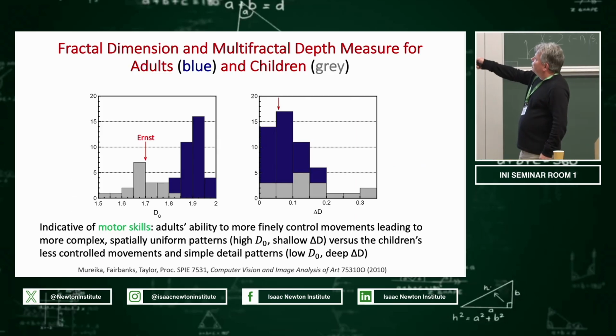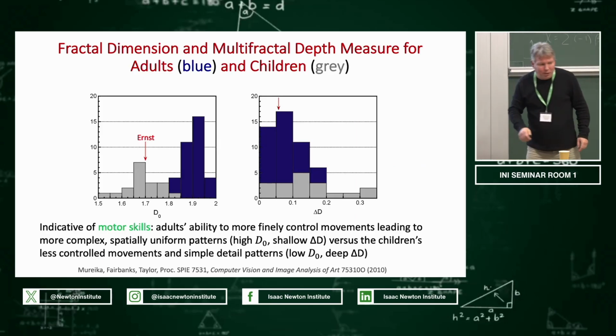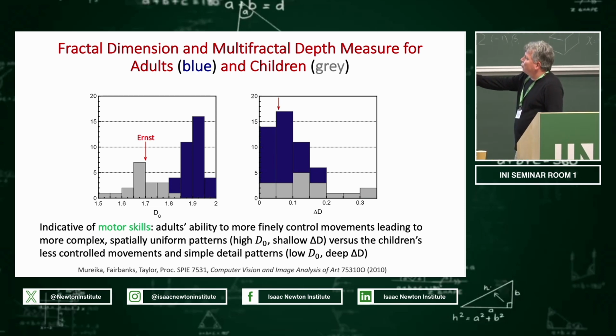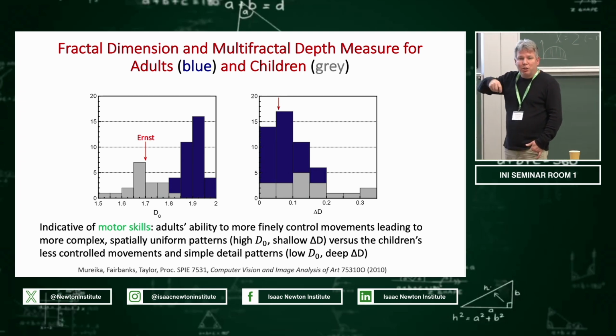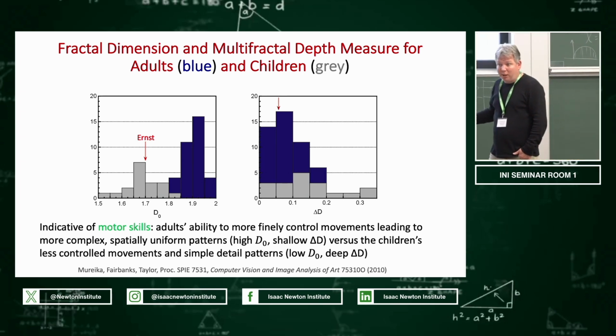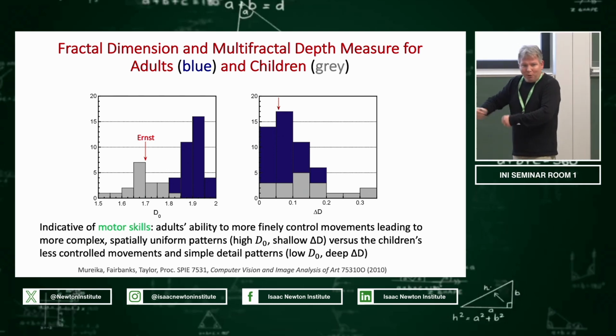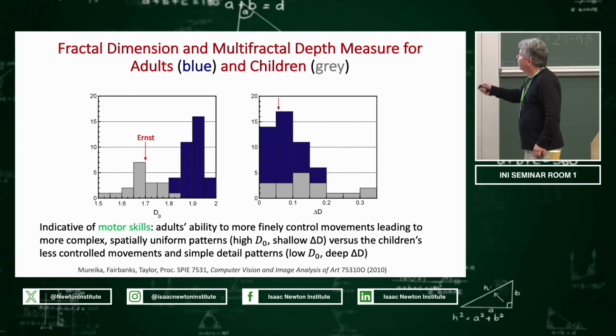And in fact, we did a chart here that shows the average fractal dimension for the gray, which is children, the blue, which is adults, and the multifractal depth for each of them, and compared them to the Ernst paintings. And in fact, the children have a fractal dimension that's closer to the Ernst painting than to Pollock, which shows that the children have a lack of balance akin to what was happening to Ernst as this thing was being painted.